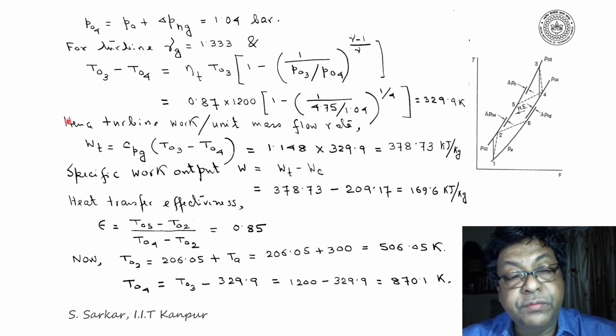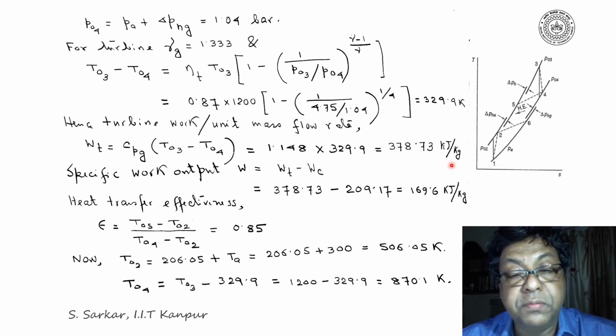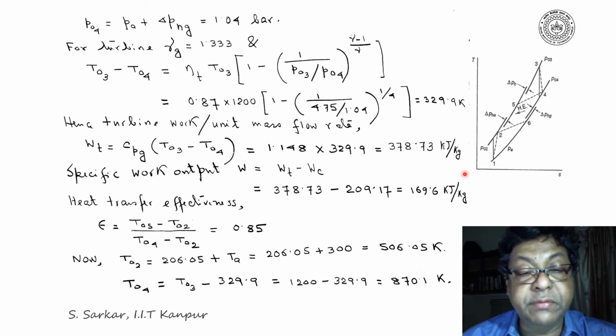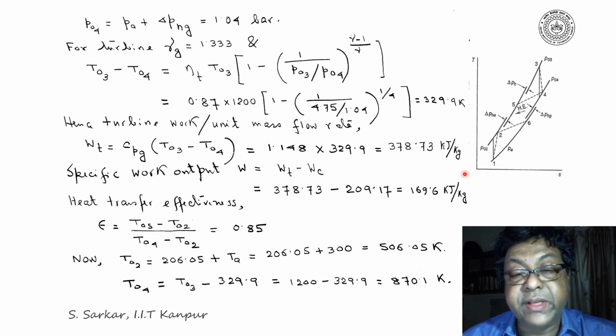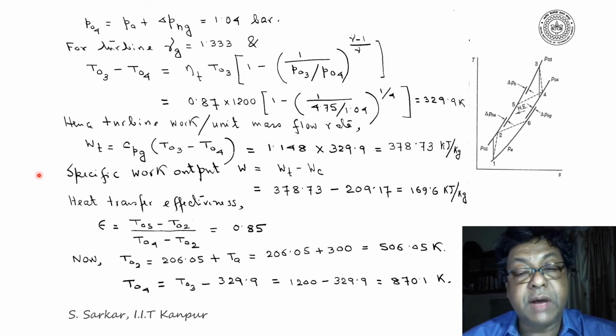T03 minus T04 I have just calculated as 329.9 K. If you do that multiplication, you will get 378.73 kilojoule per kg. Thus, I have evaluated turbine work as 378.73 kilojoule per kg.